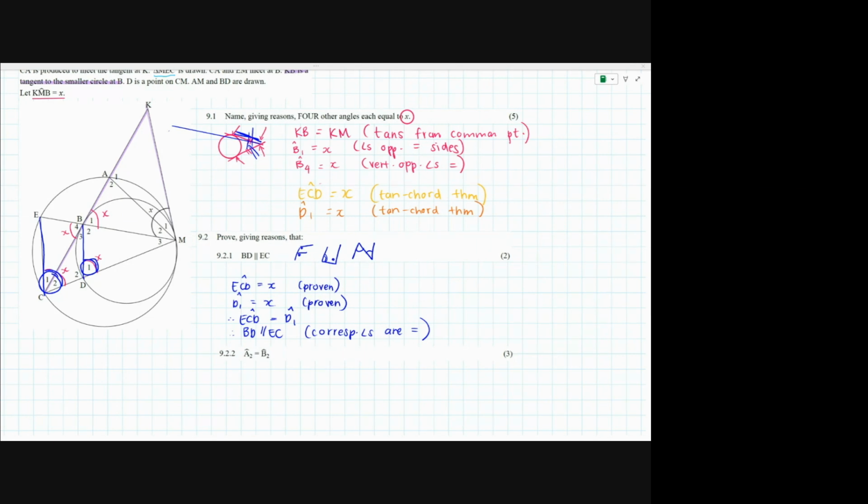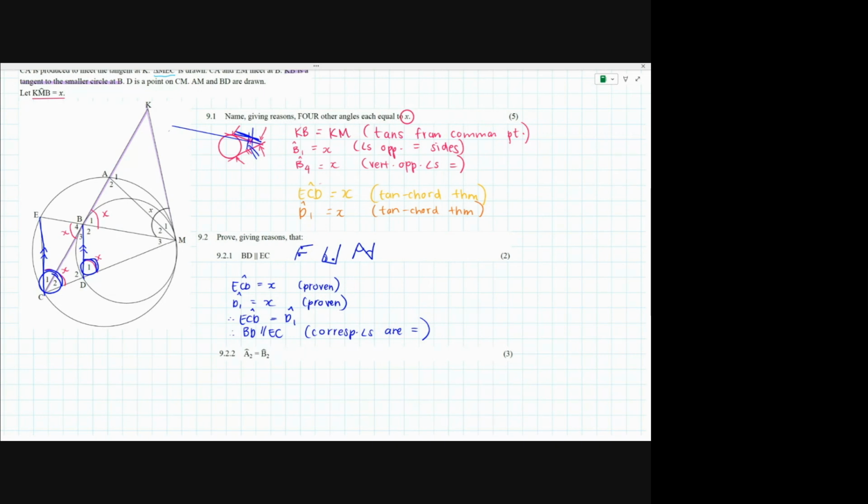Ma'am, I have a question with how you stated it. So would it also be fine if you said angle ECD is equal to D1, which is equal to X, and then we can just say proven instead of separating them, and then we can just immediately go to their parallel because of corresponding angles. Okay. Yeah, so that's how I initially did it. I was more just writing it out so that we knew what was happening.